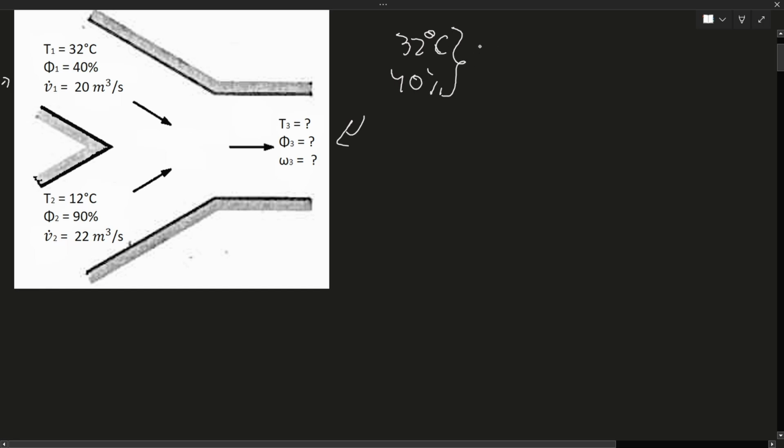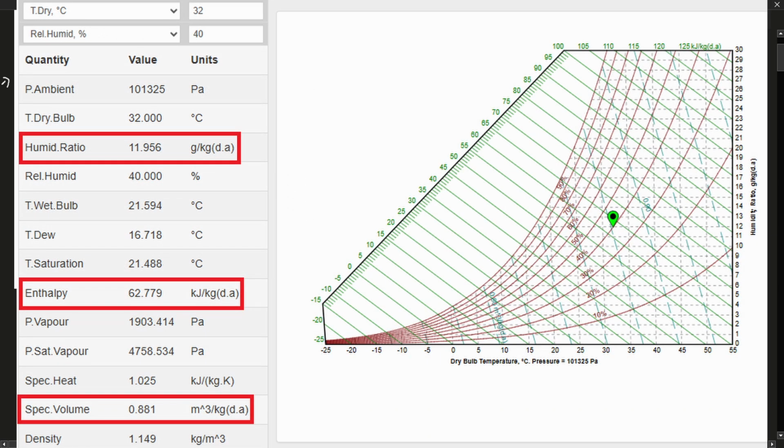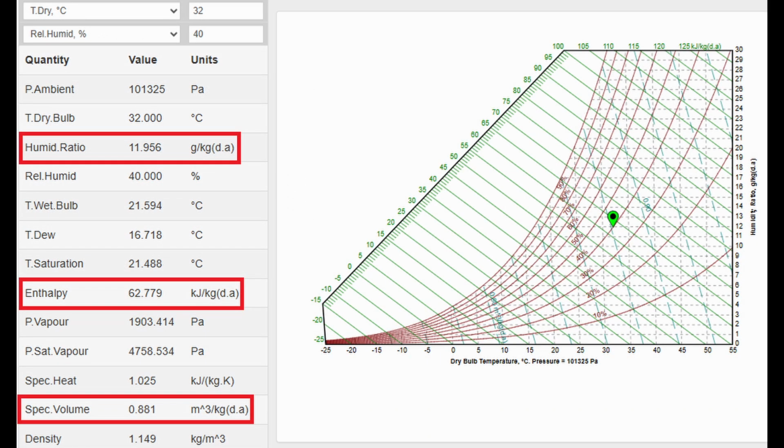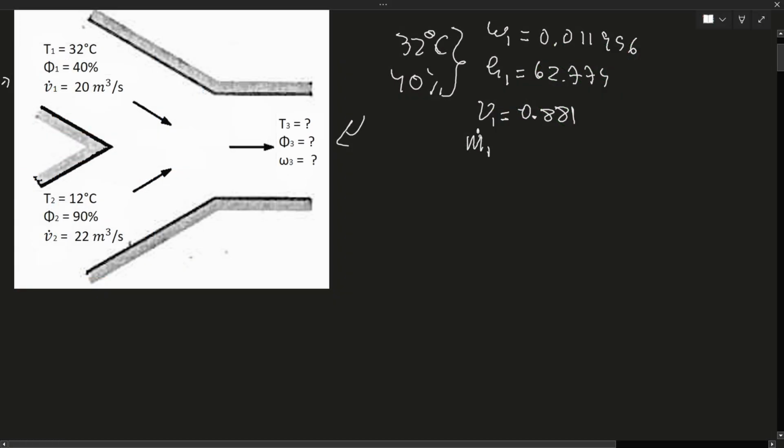Basically, since we have two pieces of information, we can read the psychrometric chart and find everything we need. To find the mass flow rate, we can use the volumetric flow rate divided by the specific volume. So 20 divided by 0.881, which is equal to about 0.378.